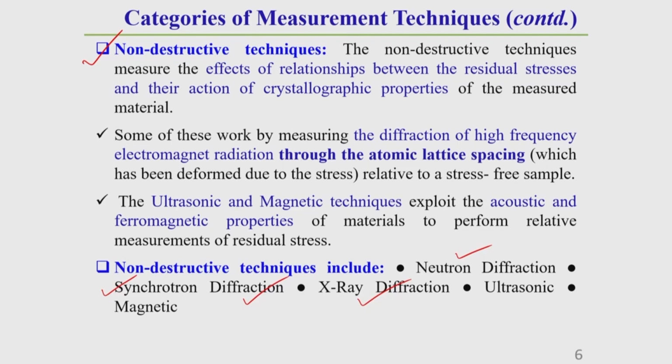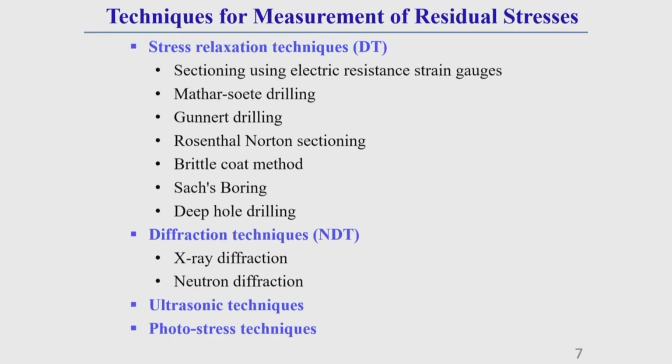Where we use the acoustic property of the material, that is commonly known as the ultrasonic residual stress measurement technique, and where we use the ferromagnetic property of the material, that is called the magnetic residual stress measurement technique. About this in detail I will discuss in a subsequent slide.